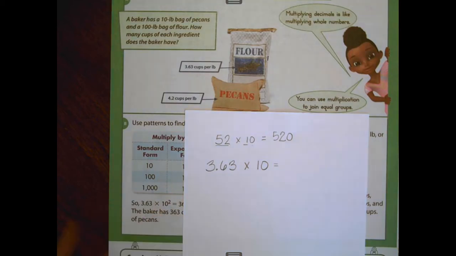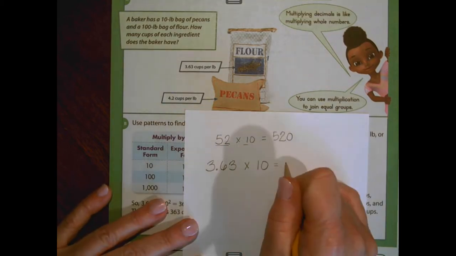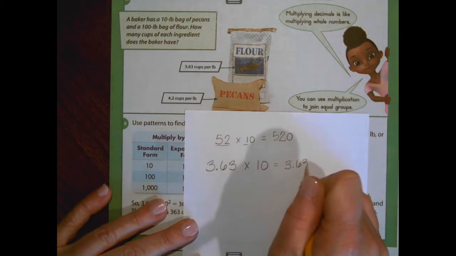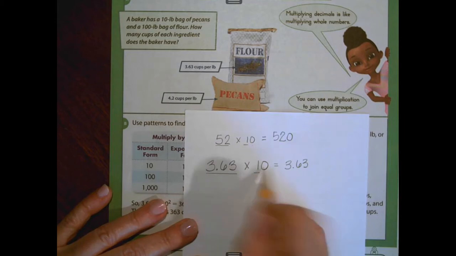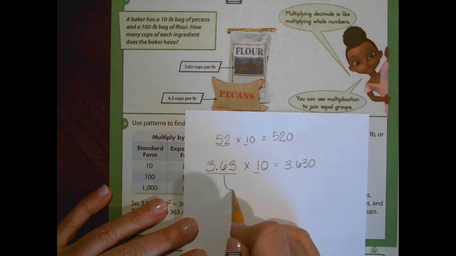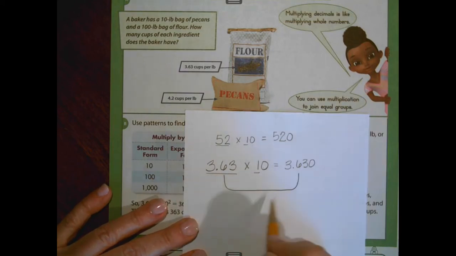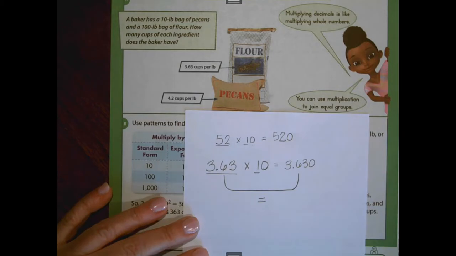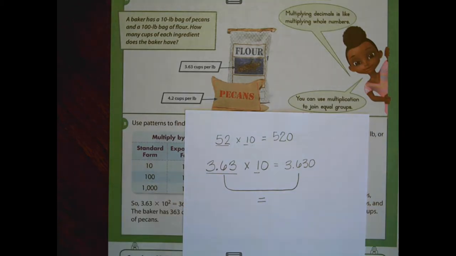Well, if we applied that same step to decimals, look at what happens. We would be writing our 3 63/100 and annexing that 1 0, but we have a small problem because 3 63/100 is equivalent to 3 630 thousandths. So we didn't make it 10 times greater in value. So that is not going to work with decimals.